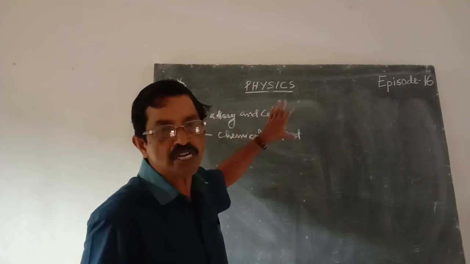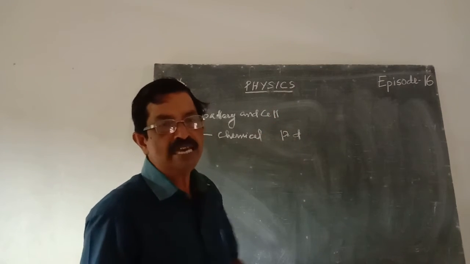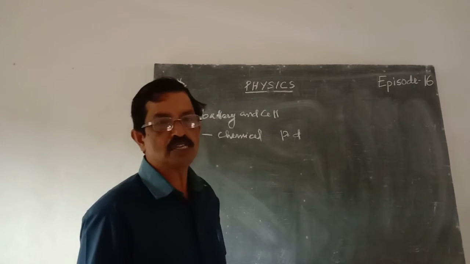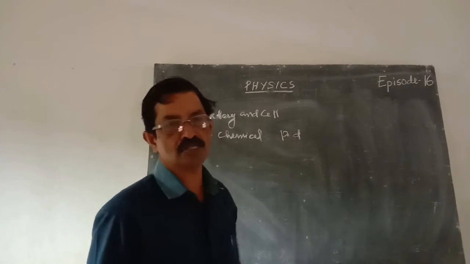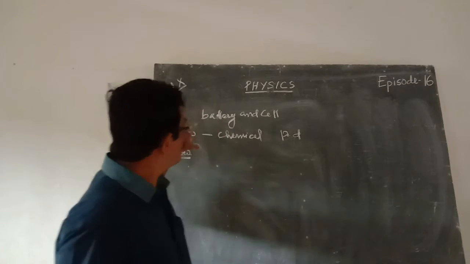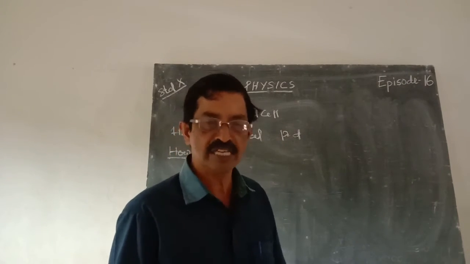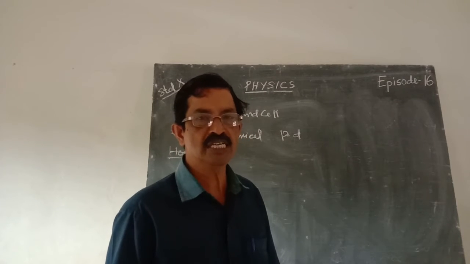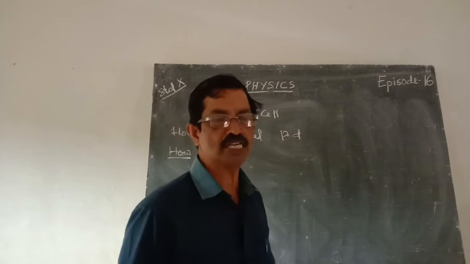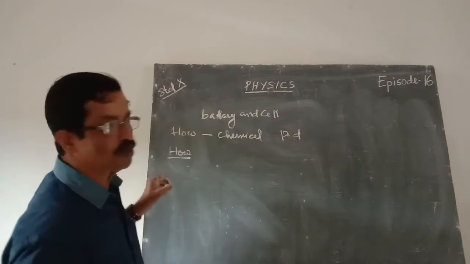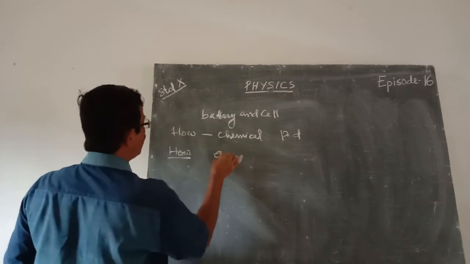That potential difference maintains the flow of electrons. That means this potential difference creates the movement of electrons within the circuit, and when the electrons move through the circuit, that produces a current.